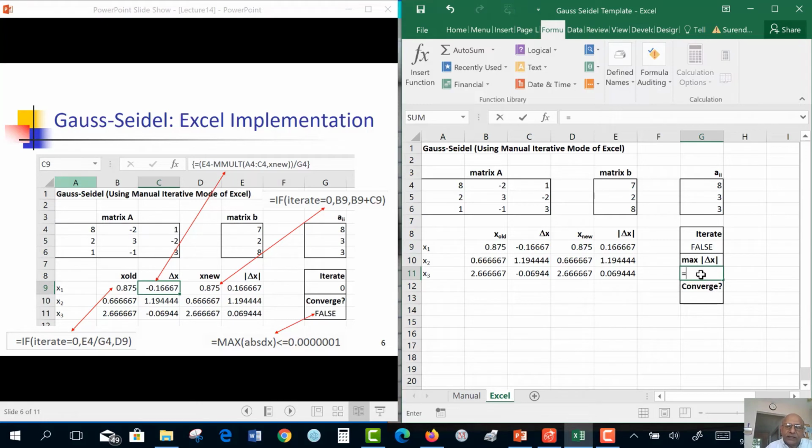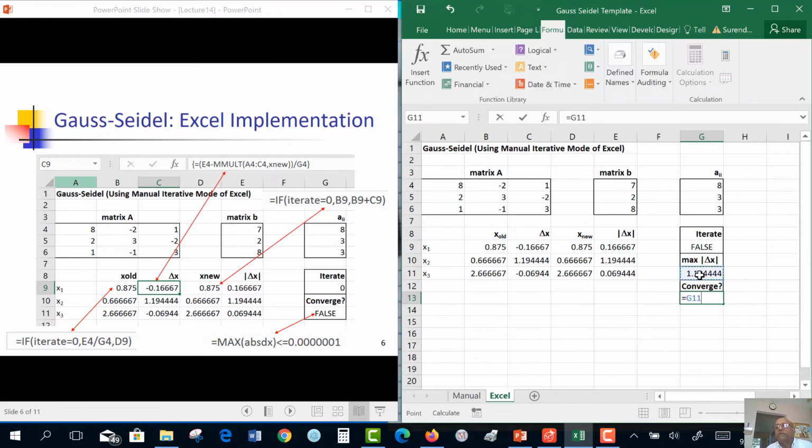Now my next thing is I want to calculate the maximum of this absolute dx. That's what is called a vector norm, and we are going to talk about it. Then we are going to decide whether we have converged or not.